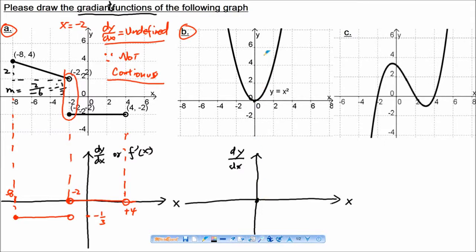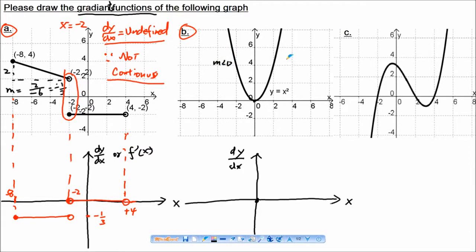At the left hand side, you can say the gradient is a minus number, because as x increases on the left hand side, the value of y decreases. So I will have a minus gradient at the left hand side.